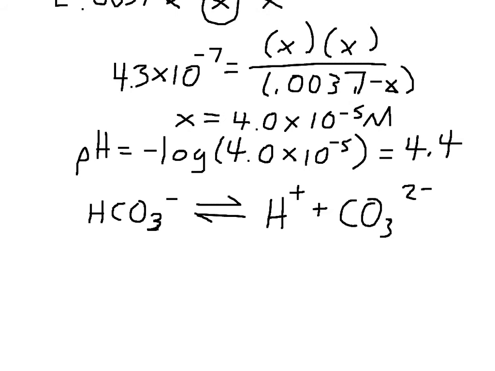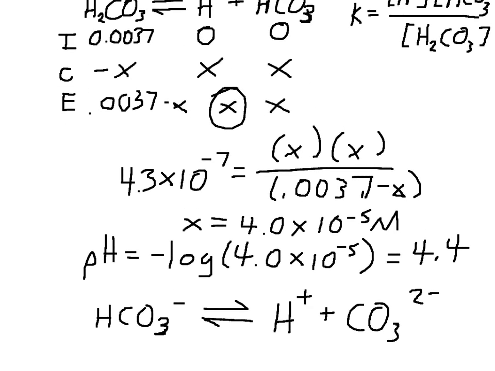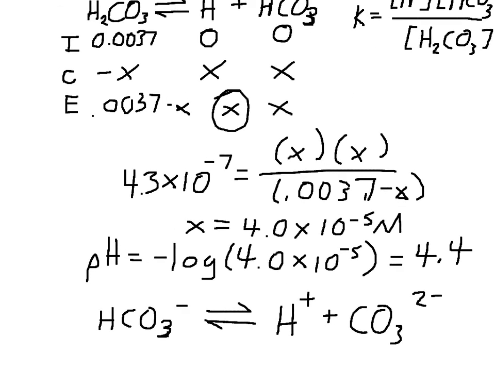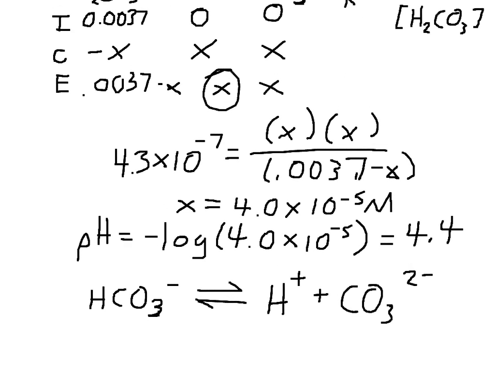Now the HCO3 negative, if we look back up here, is going to be equal to this amount here that we got for X, which we found was equal to 4 times 10 to the negative fifth.